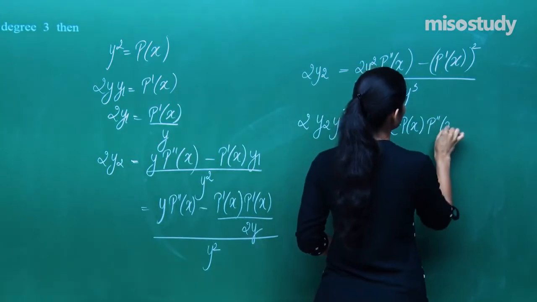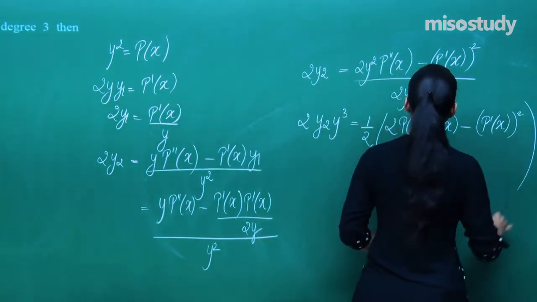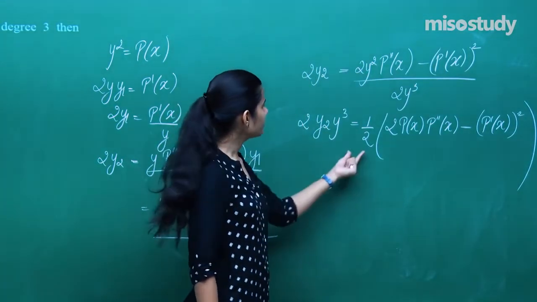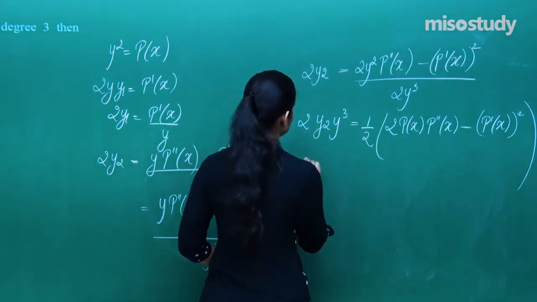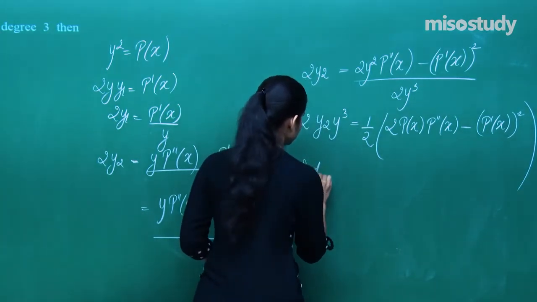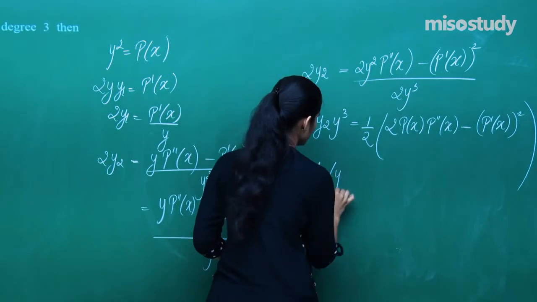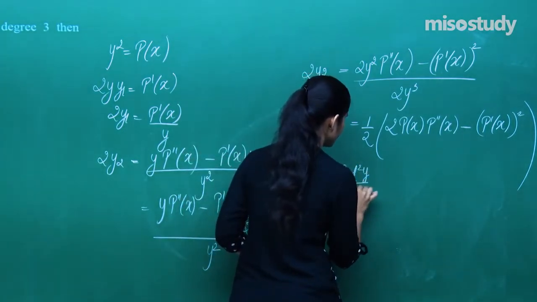This is p double dash x minus p dash x whole square. 1 by 2 is throughout, but this 2 is only with this term. Now, 2y2 y cube. When I talk about d by dx of, then you have y cube, and this is y2. y2 is what? d square y by dx square.